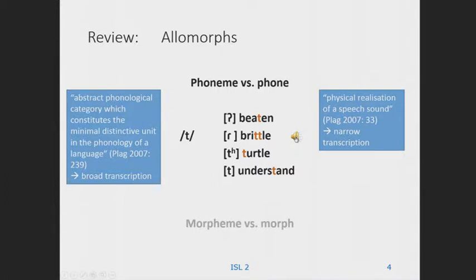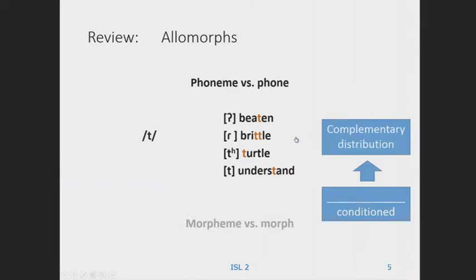Perfect. Thank you. They don't all sound the same, but they're different realizations of the same thing. And they are different because of what? Sort of what makes one appear and sometimes another one appear? How are they conditioned? Right? We'd say they're phonologically conditioned, right?